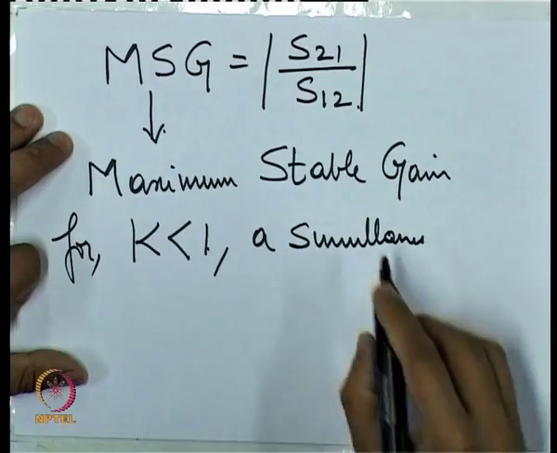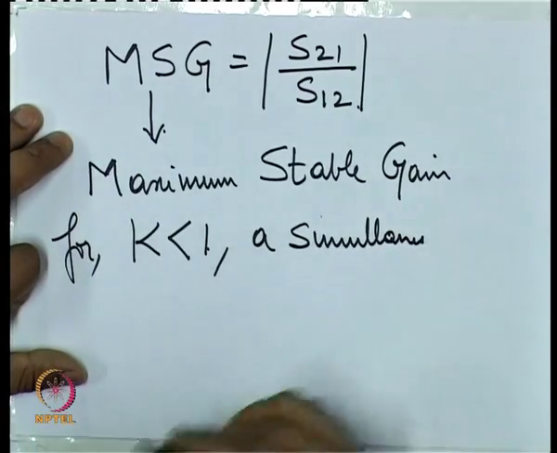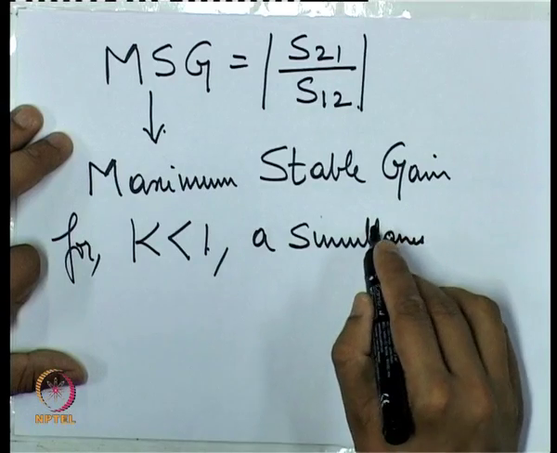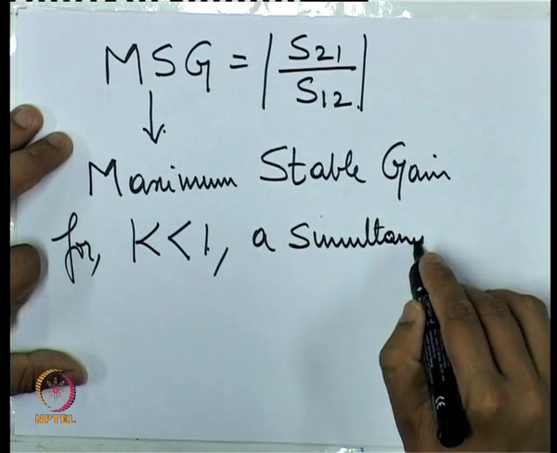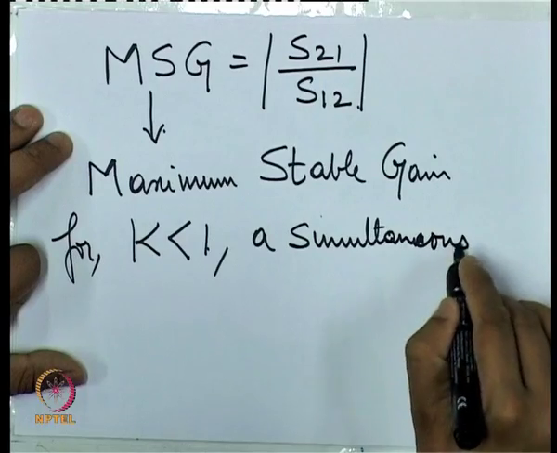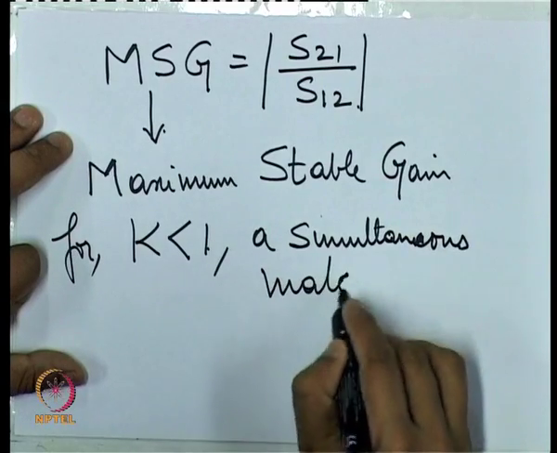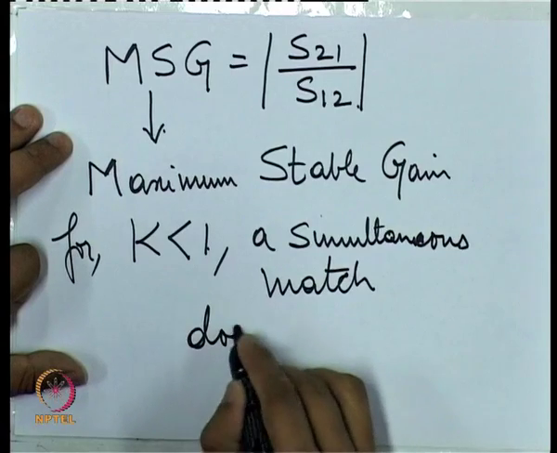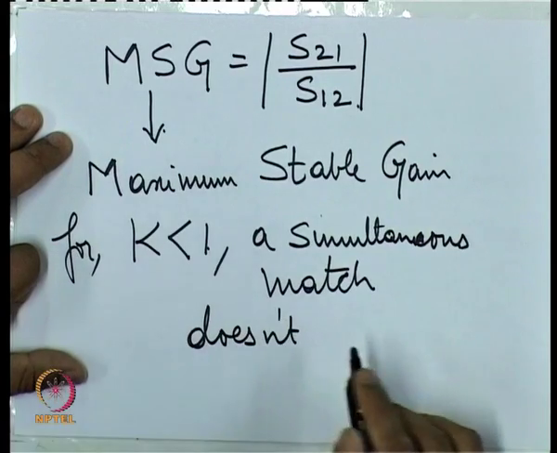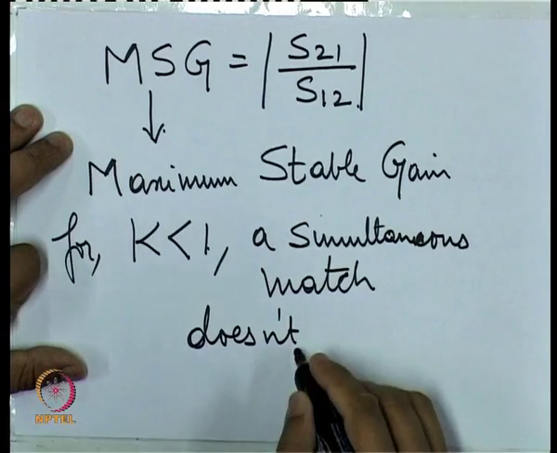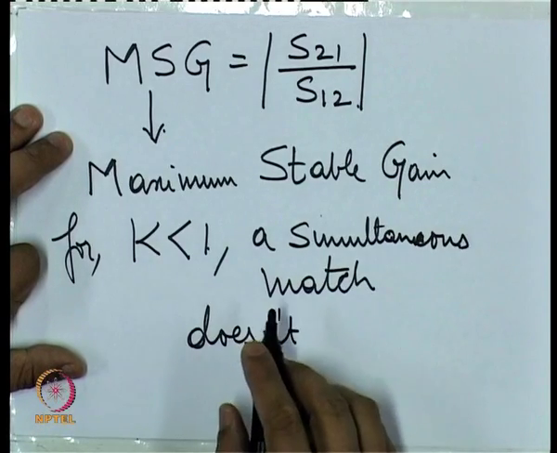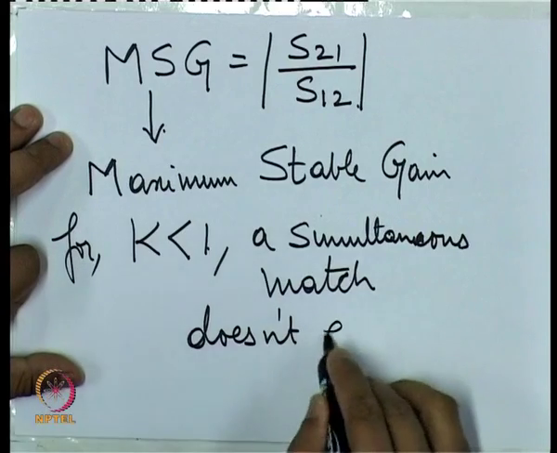For K lesser than 1, that is, now we are in the potentially unstable region, a simultaneous match doesn't exist. It is not possible to find a matching network which can satisfy the two equations that I described before.